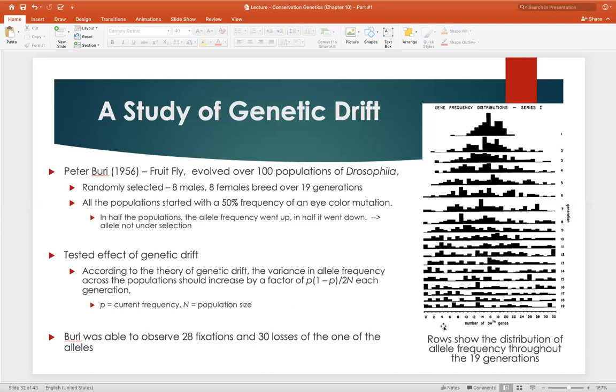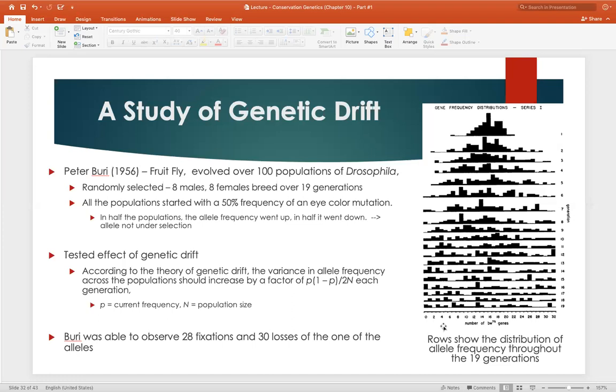In each one of the generations, Buri randomly selected 8 males and 8 females to observe those phenotypes. He initially suggested that in the starting population, there was a 50% frequency of each one of the eye colors. Thus, it was suggested that his initial observations resulted in 5 white, 6 pink, and 5 red-eyed individuals.